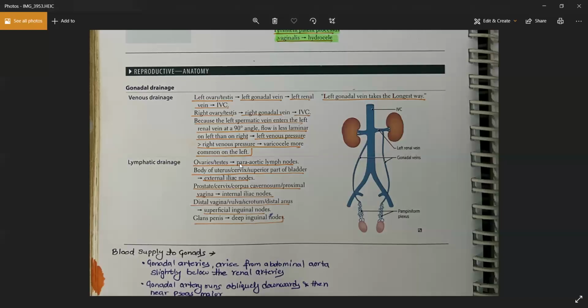External inguinal, and then from external inguinal into the internal inguinal, right? So the scrotum first goes into the external inguinal and then into the internal inguinal. What about the penis? They go into the deep inguinal lymph nodes directly, bypassing the superficial inguinal lymph nodes.